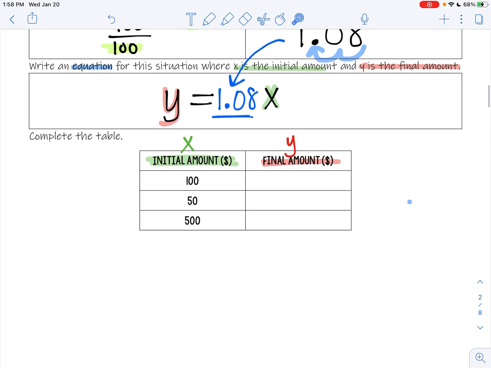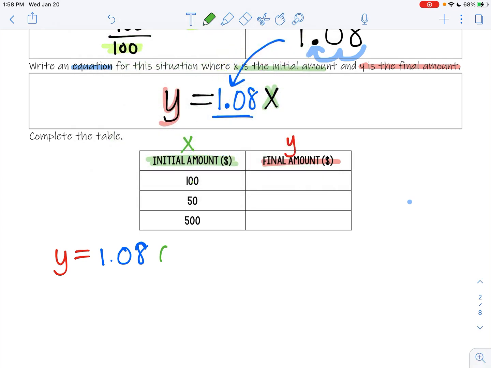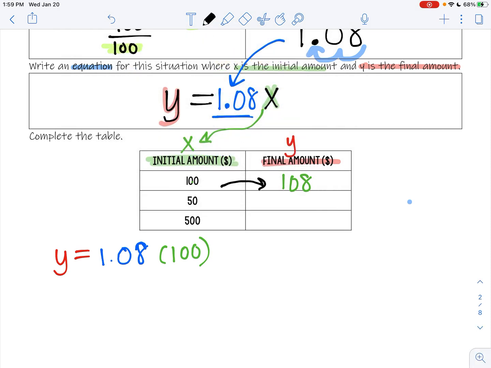So for example, if the initial amount is 100, right, and I want to find the final amount, I can do y equals 1.08 times that initial amount, and this initial amount is 100 because x represents the initial amount. So 1.08 times 100 is 108, right? So the pattern that we're seeing here is we can just take that initial amount and multiply by 1.08.